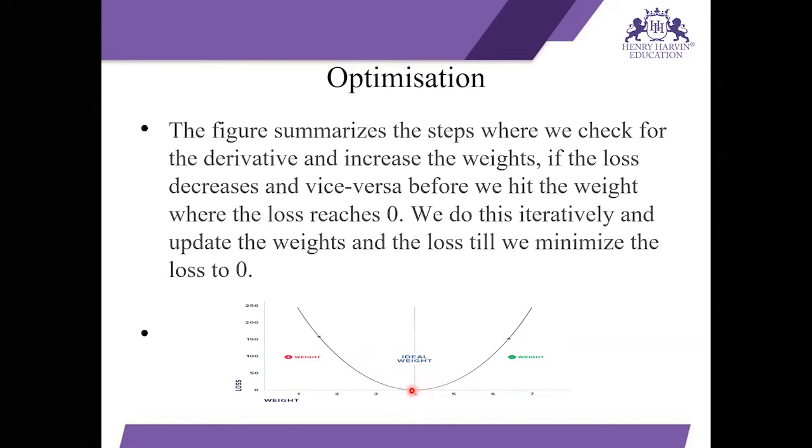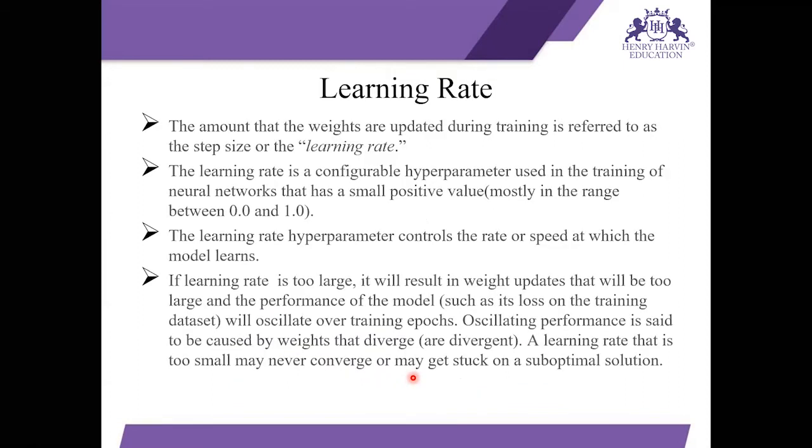So whatever initialization we do, we have to take the steps carefully. Here the challenge is that if you take larger steps, it may oscillate here and there. If you take smaller steps, it may take a lot of time to reach this position. Hope this point is clear to you, right?